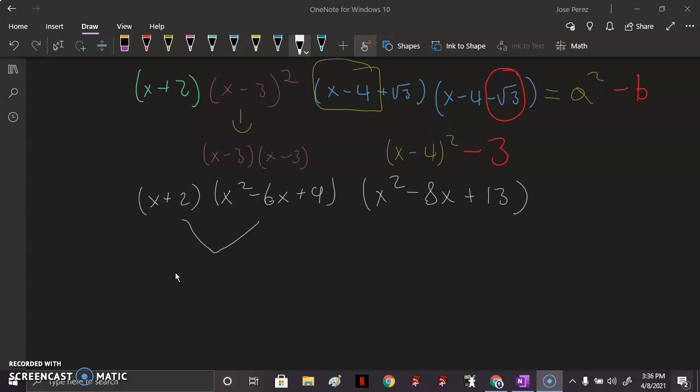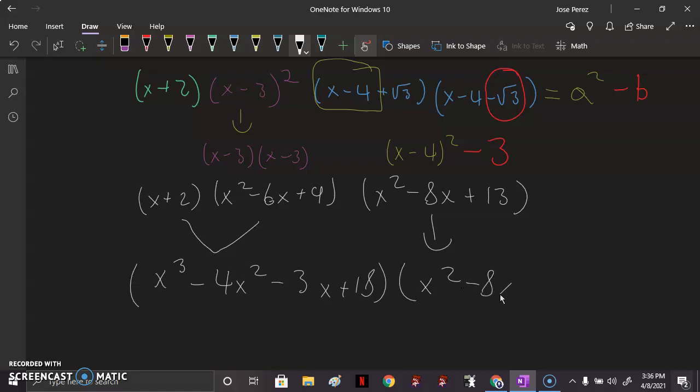And what we get is x cubed minus 4x squared minus 3x plus 18. And keep in mind, we're still not done because we still have to bring this one down to multiply: x squared minus 8x plus 13.